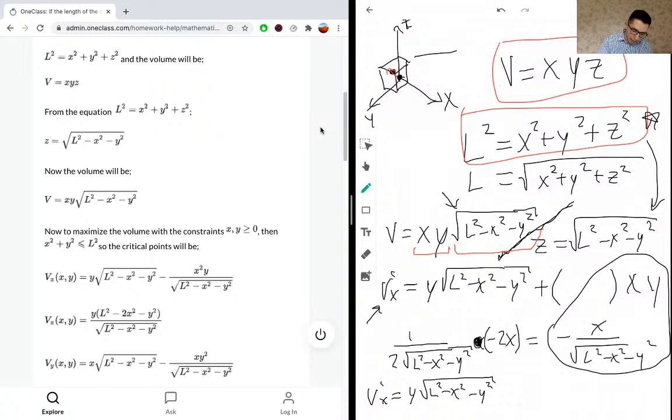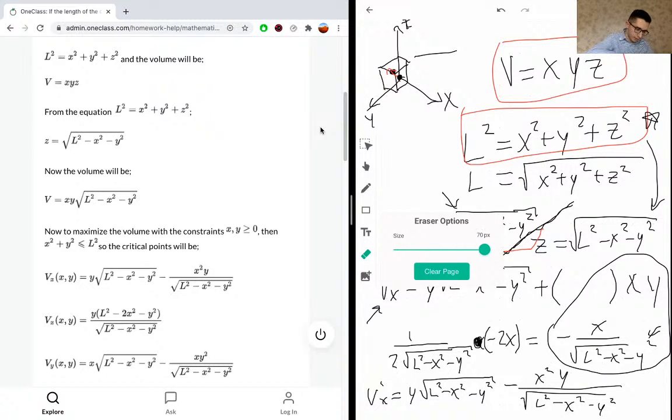We have the two x's, so x squared, and then the y, and then the bottom is right here. So we have the square root of L squared minus x squared minus y squared. We kind of cleaned it up. So let's erase the top here to continue with the solution.